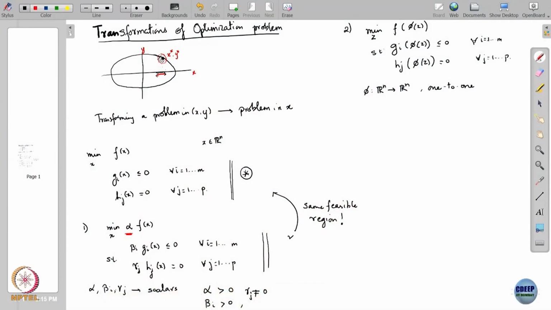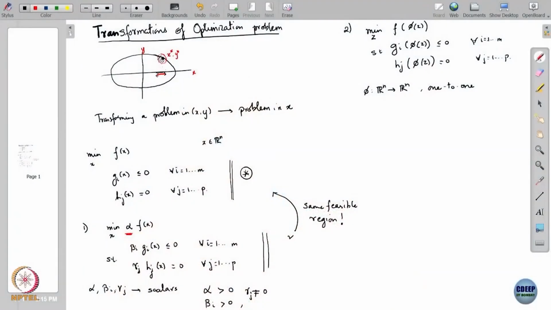What is going on here is, you are searching over z's, right. The optimization problem is now written in the space of z. You are searching over all values of z, but the way z enters into the problem is always through phi of z.